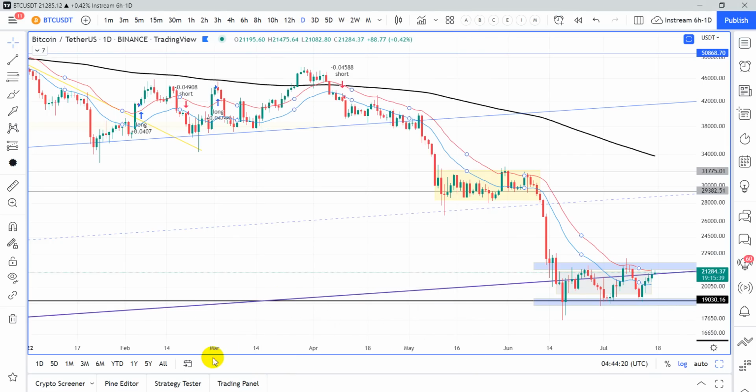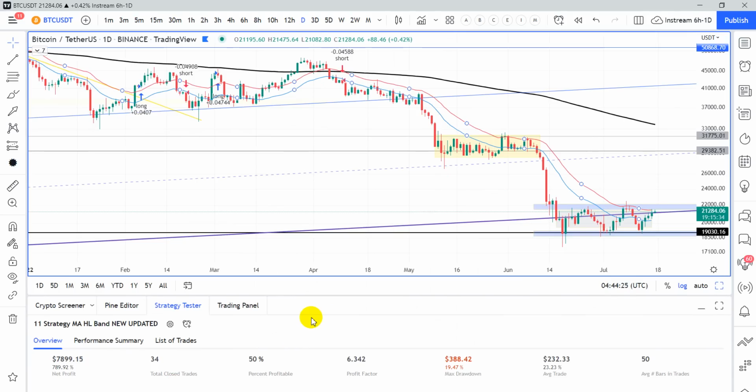Okay, let's go ahead and look at the results. Here you have the strategy tester. On Bitcoin, I'm on the 1 day Binance chart on TradingView. On this chart there were 34 trades, 50% profitable, which for me is a pretty nice win rate, because I do not believe in those strategies that claim to have an 80 or 90% profitable rate.